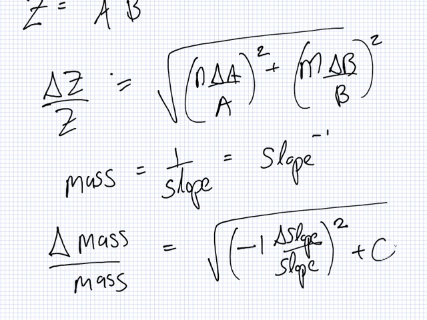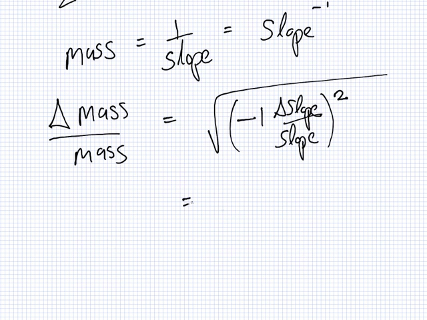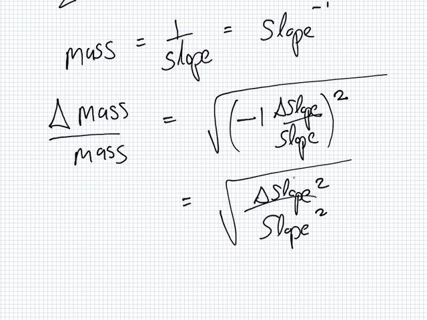And there's nothing else to add because there's just one thing in the formula. But when you look at this, you realize this is just the square root of the uncertainty in the slope squared over the slope squared. But what happens here? They cancel. So you end up with the formula: the uncertainty in the mass is equal to the mass times the uncertainty in the slope over the slope.